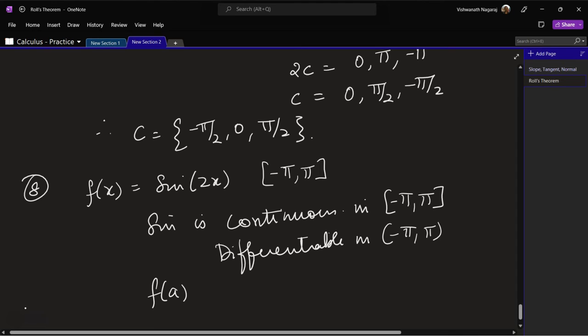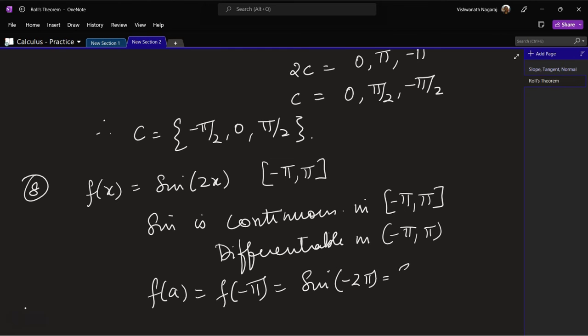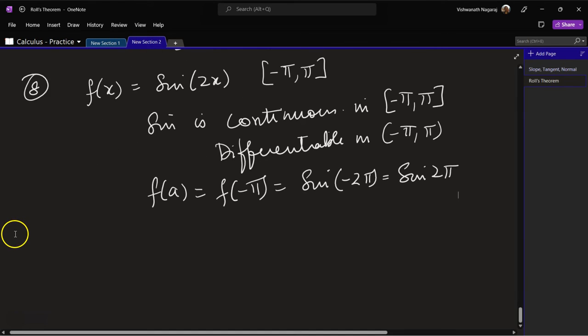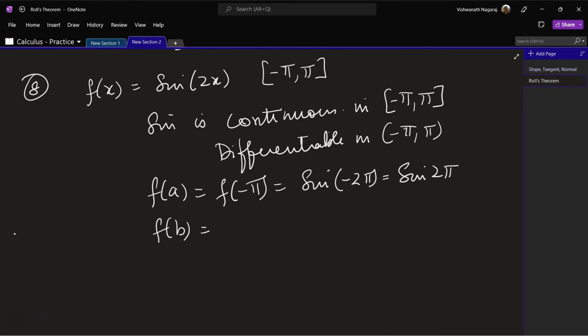Now let's see f of a, that is f of minus pi, which is equal to sine of minus 2 pi, which is sine 2 pi, right? f of b is equal to f of pi, which is equal to sine of 2 pi.